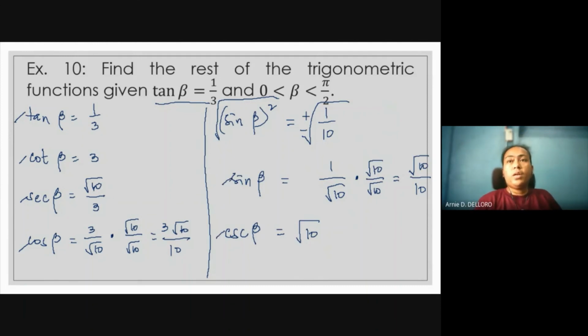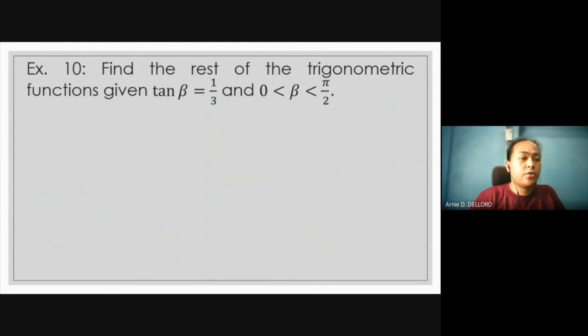So again, pwede nyo gamitin dito yung concept na diniscuss natin sa circular functions. Sige, pakita tuloy natin yung solution. So again, we have the 6 trigonometric functions. Pakita natin kung ang gagamitin natin yung circular functions.